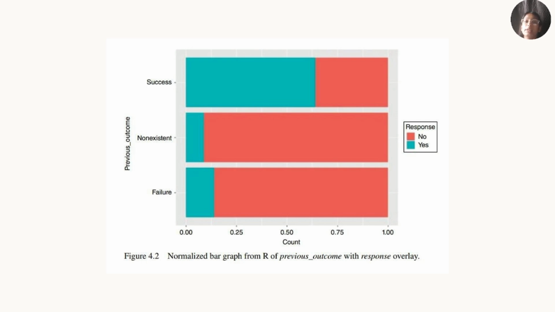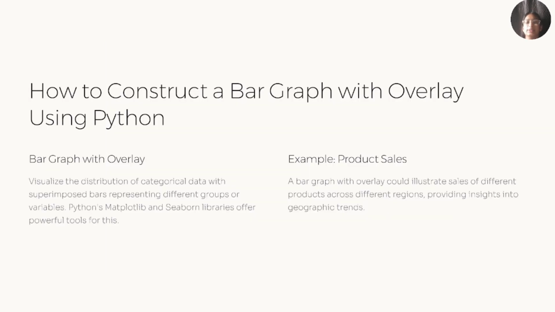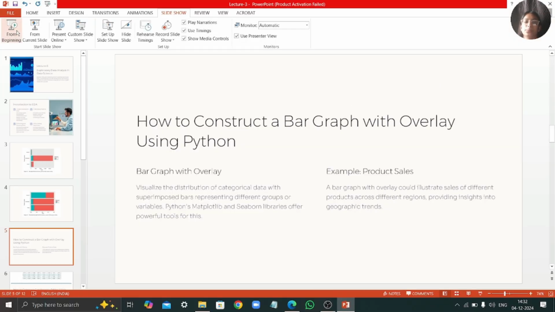Pro tip: never use a normalized bar graph without a regular bar graph, because it helps us understand the bar graph, but without the regular bar graph we can't have the exact idea of the range of the dataset. Now let's see how to construct these bar graphs using Python.